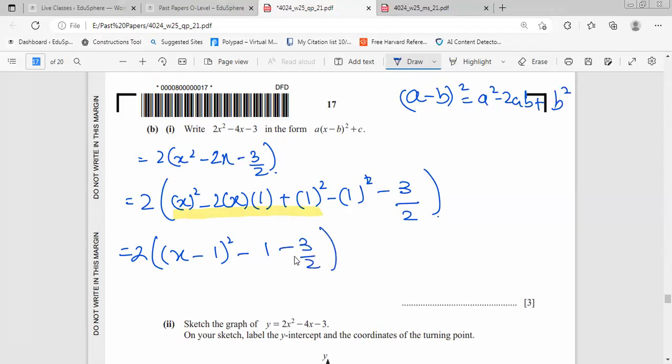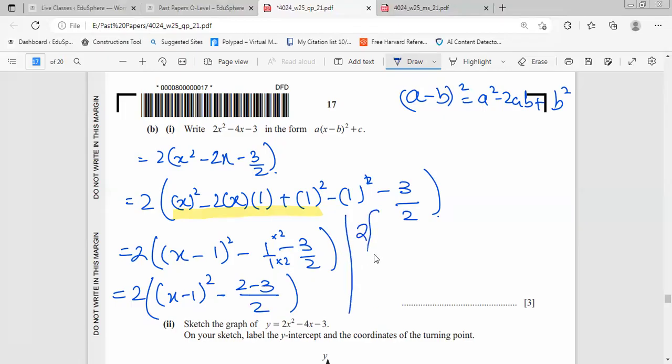So first I'm going to take the LCM here. So it will be 2 bracket x minus 1 whole square minus 2 minus 3 by 2. And this will be equal to 2 bracket x minus 1 whole square minus 5 by 2.